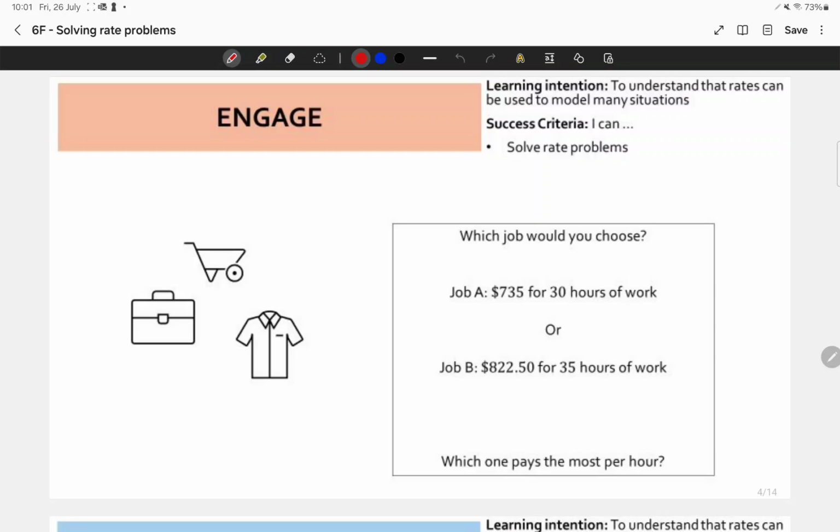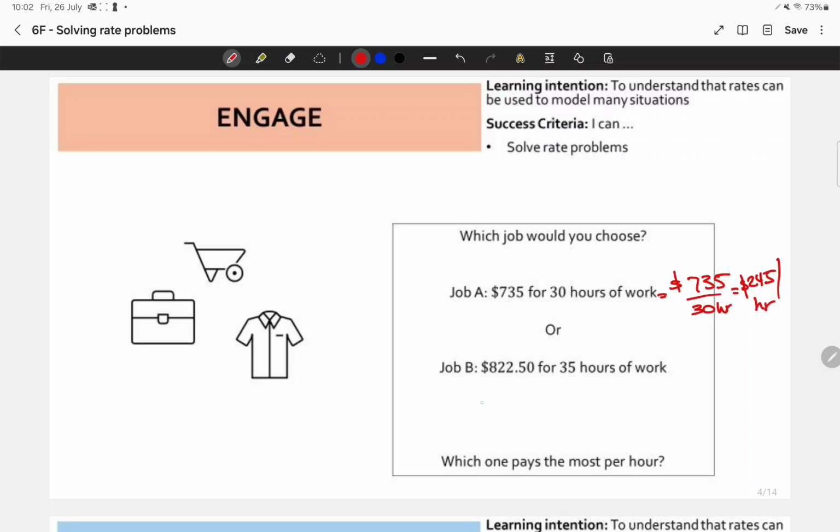So what we're going to do is divide 735 divided by 30. So that's the dollars there, so dollars and then hours. If we divide that, 735 divided by 30 hours, it'll be $24.50 per hour.